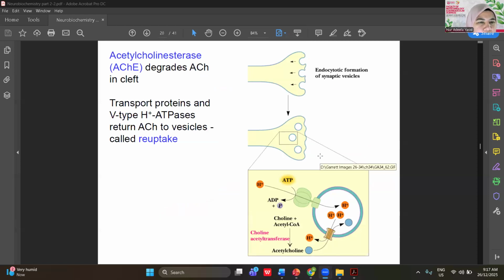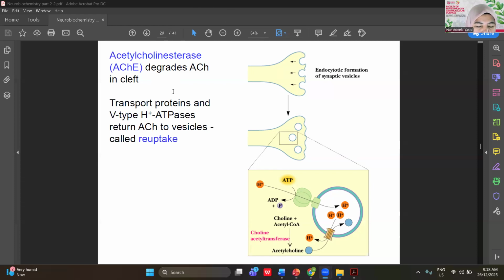So for acetylcholine, this is another detailed discussion on how acetylcholine is involved in removal and recycling of neurotransmitters. We know that the enzyme acetylcholine esterase degrades acetylcholine in the synaptic cleft. So it will break down the acetylcholine into choline and also acetate.